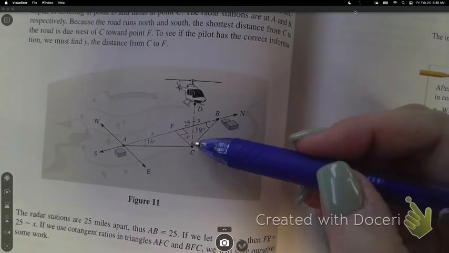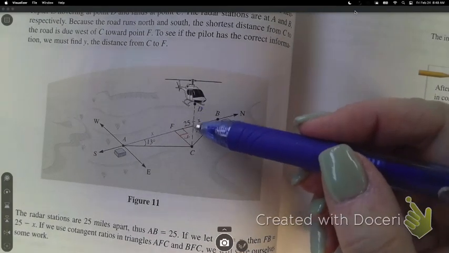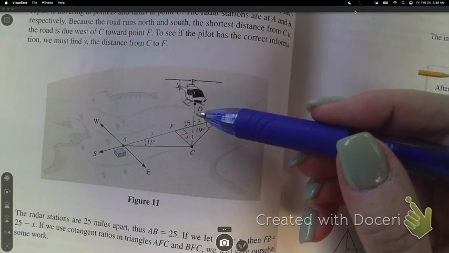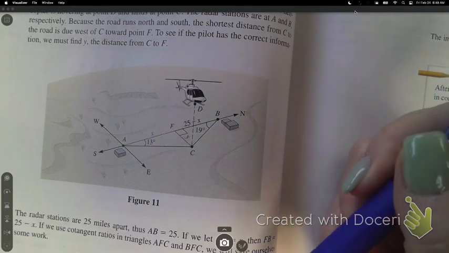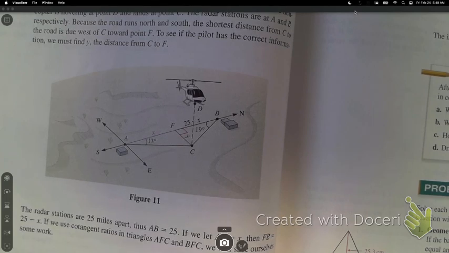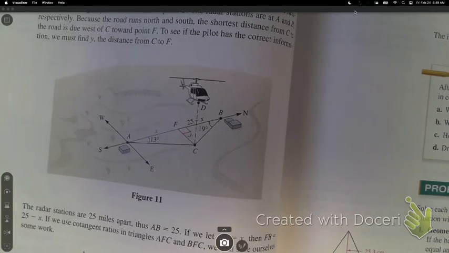This little C to D is the vertical distance, how high the helicopter is. Sometimes I typically do not draw it on there till I know I need it. Okay, we good with the picture?